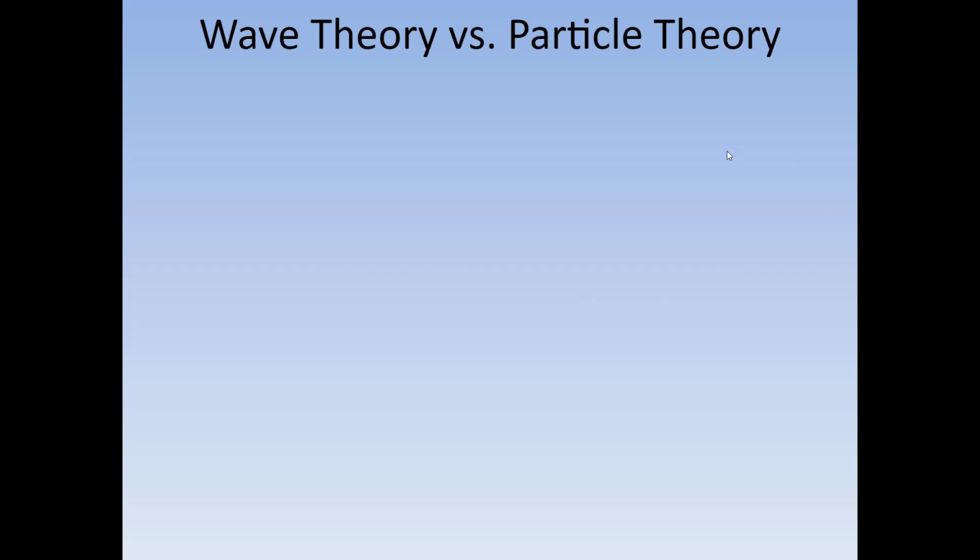Now, before I continue, I just want to mention this in case you see a question about it: the concept of wave theory and particle theory. Basically, in physics, things are split into two categories: waves or particles. So, for example, a tennis ball is a particle. Wave theory describes the behavior of waves, and particle theory describes the behavior of particles.